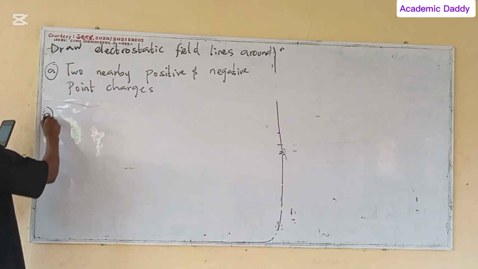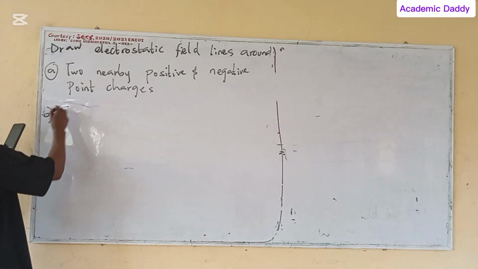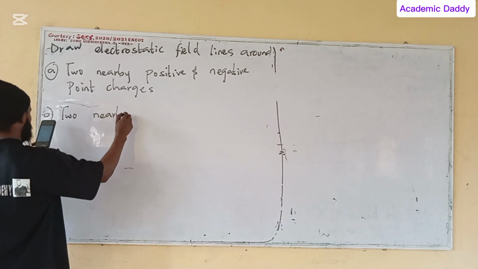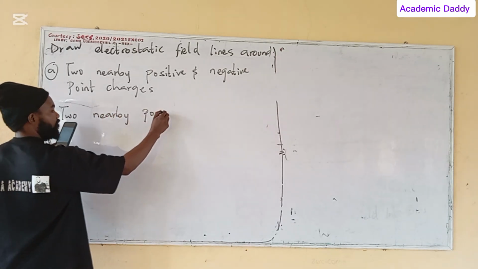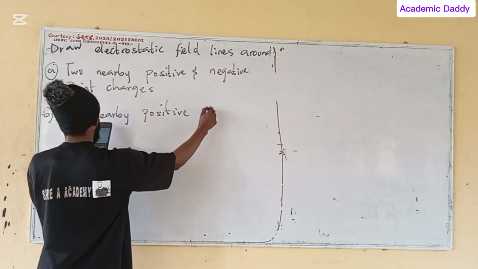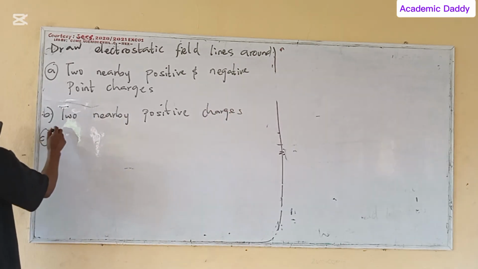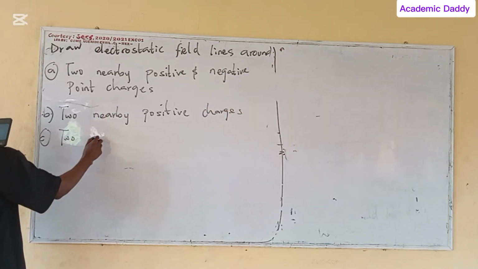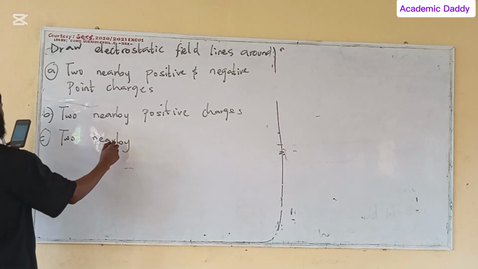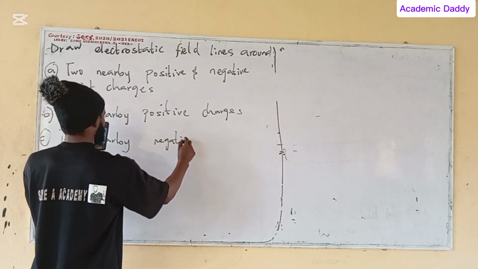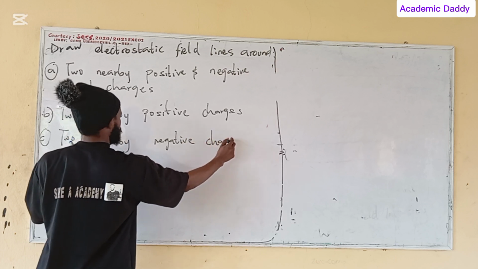B, two nearby positive charges. C, two nearby negative charges.